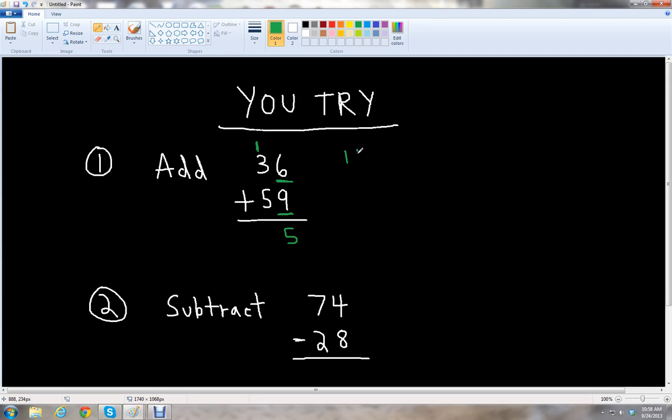So we have 1 plus 3 plus 5. So we have 1 plus 3 is 4, and 4 plus 5 is 9. So our answer for 36 plus 59 is 95.